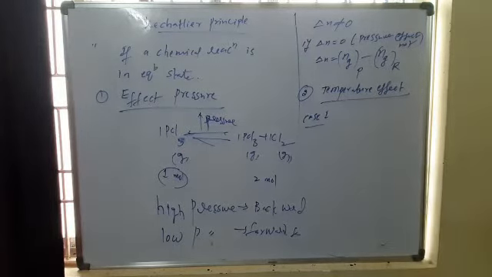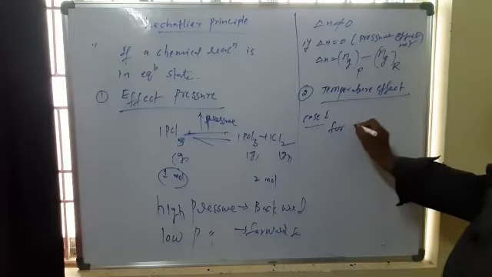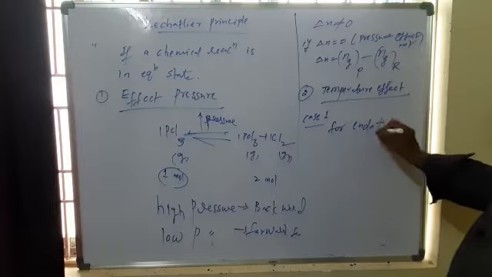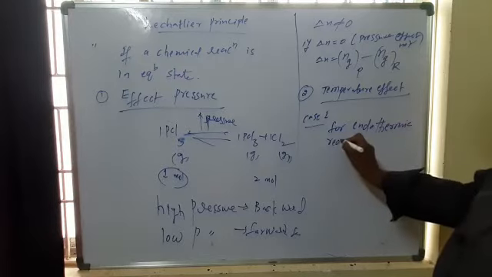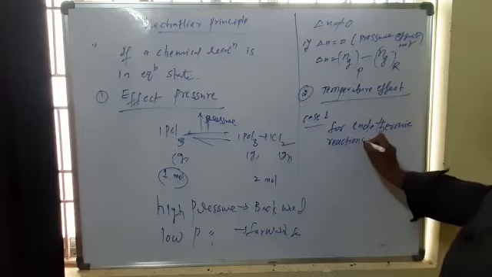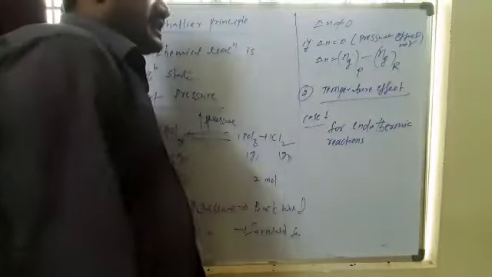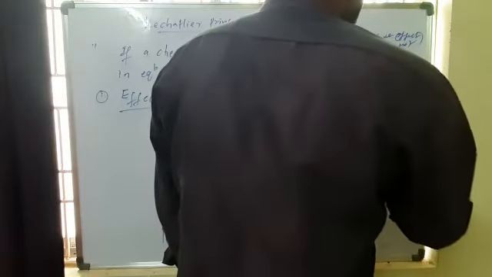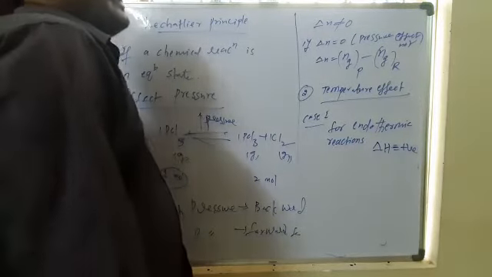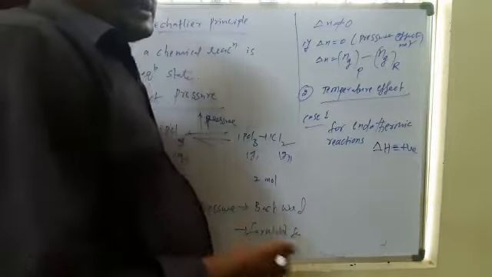In case 1, for endothermic reactions, endothermic reactions mean delta H is positive. Delta H equal to positive. So for endothermic reactions, the reaction proceeds by absorbing heat.